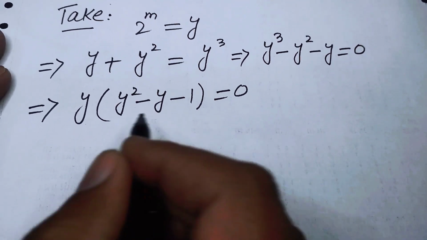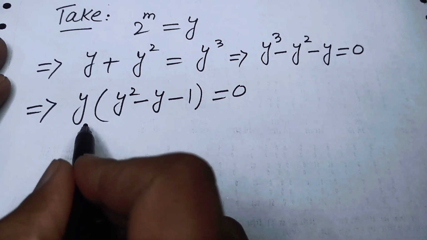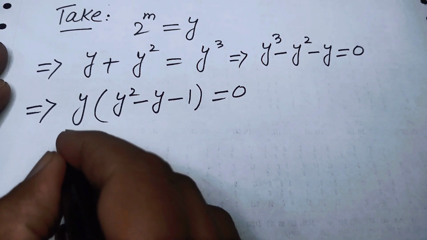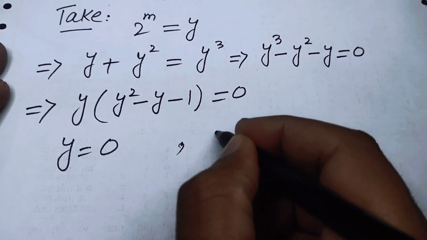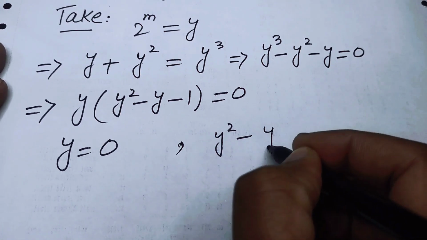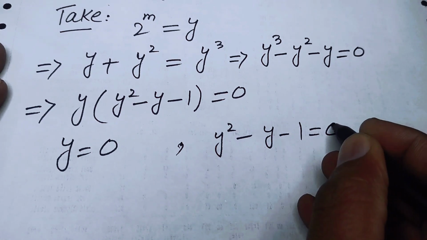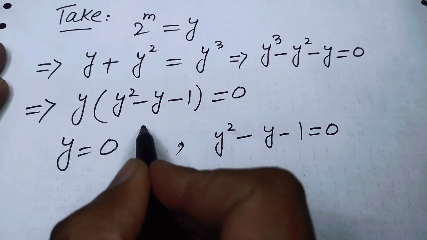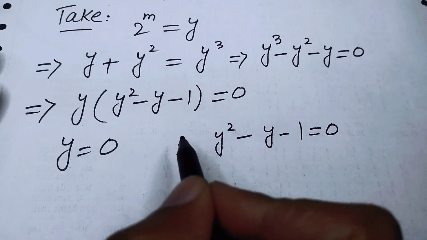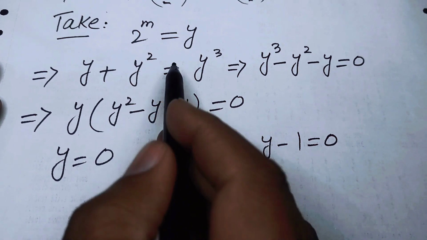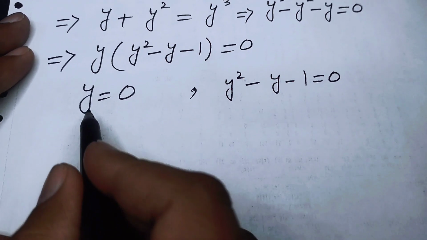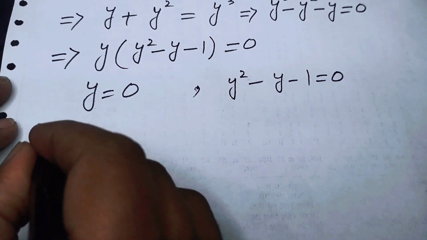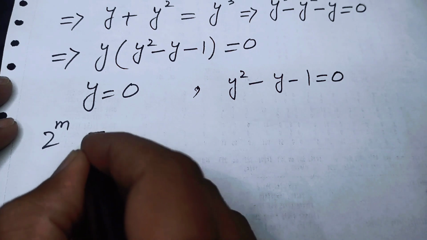And after that we can write y is equal to 0, and similarly y square minus y minus 1 is equal to 0. We can write both factors separately equal to 0. Here y is equal to 2 to the power of m, so we substitute y by 2 to the power of m is equal to 0.